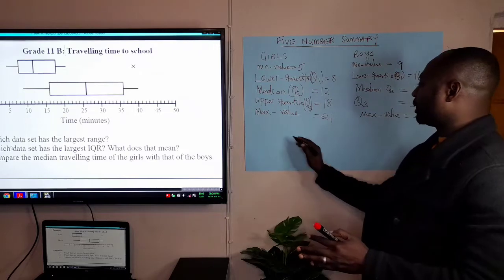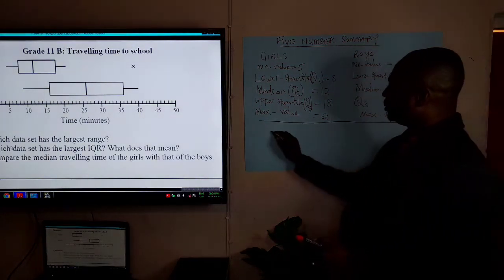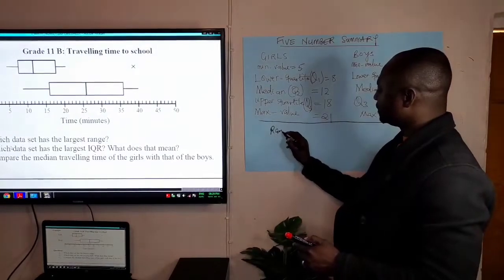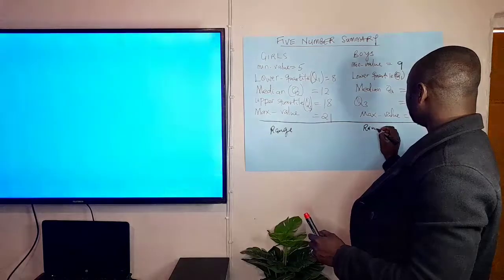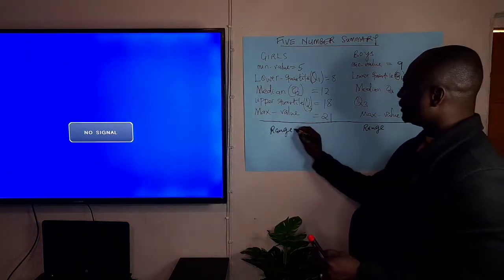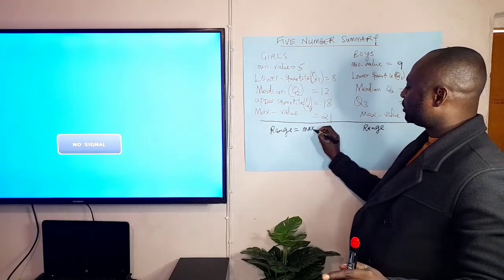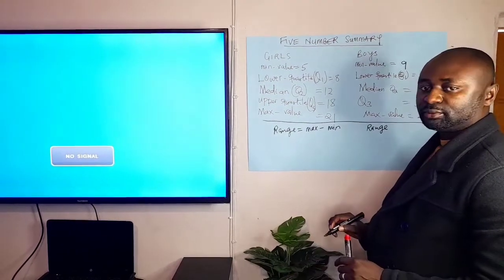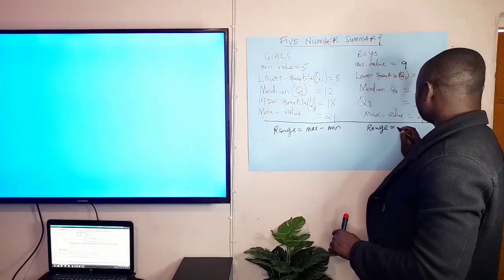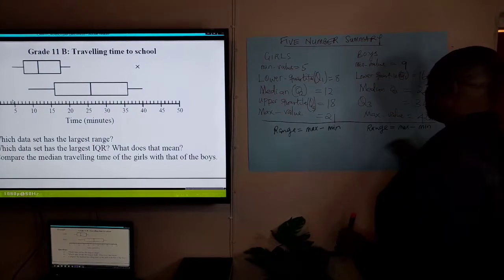So now we are dealing with two data at the same time. So we will look at the range for the girls and also look at the range for the boys. I say range is equal to maximum minus minimum value.